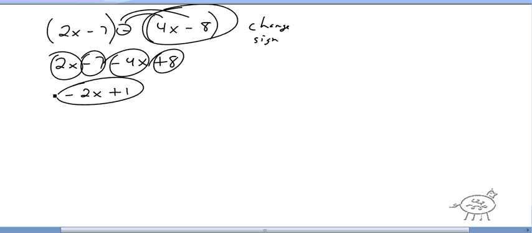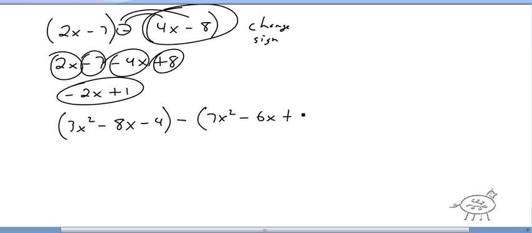Okay, so let's try a little bit more aggressive one here. 3x squared minus 8x minus 4 minus 7x squared minus 6x plus 8.